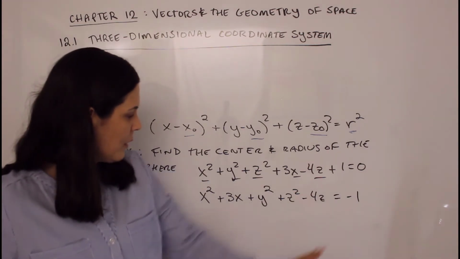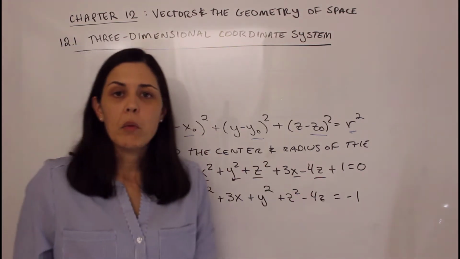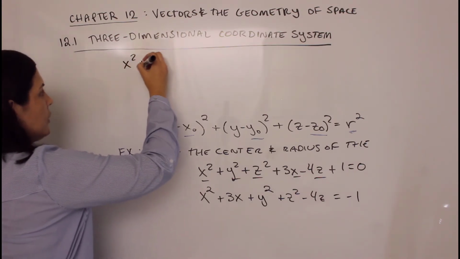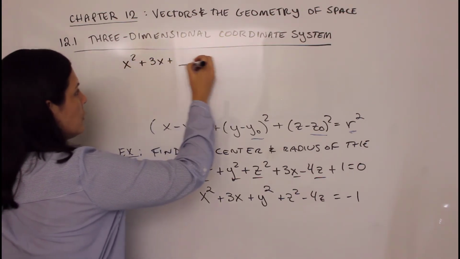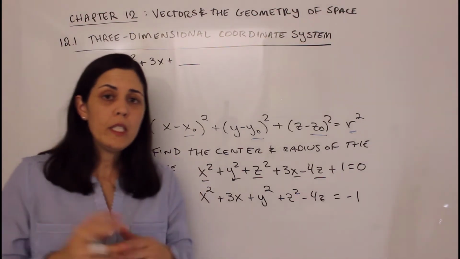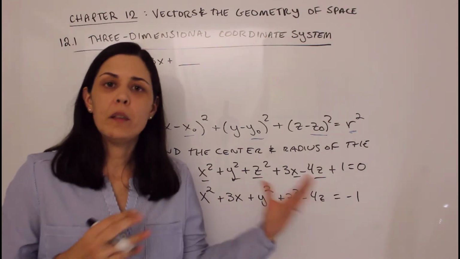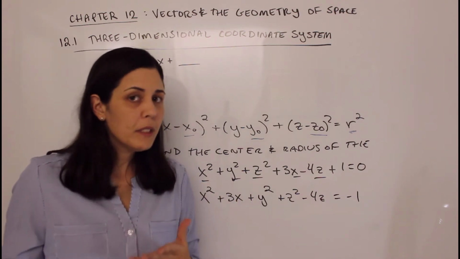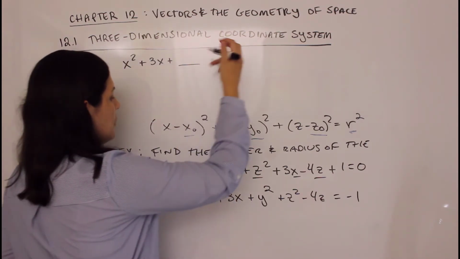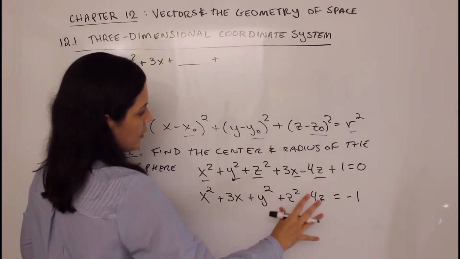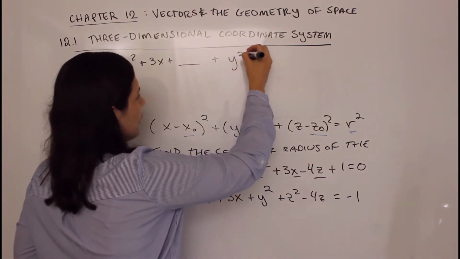And so what this is going to let me do is focus on each variable one at a time. So I need to complete the square on the x terms, so I'm going to add the missing piece. When you're completing the square, it's currently incomplete. That's why you're finding the missing piece. Now, notice the y doesn't have any other y's with it, so that one I get to just leave alone.